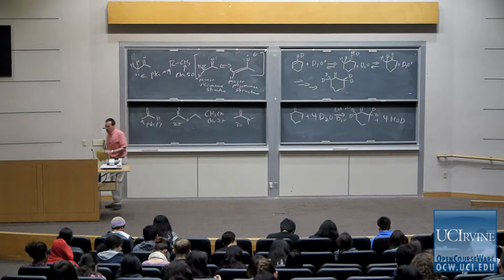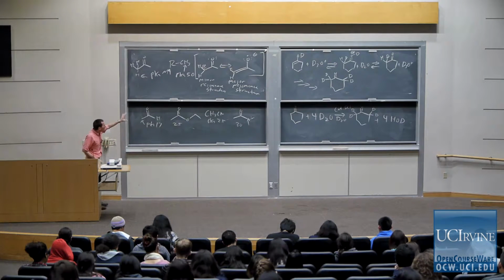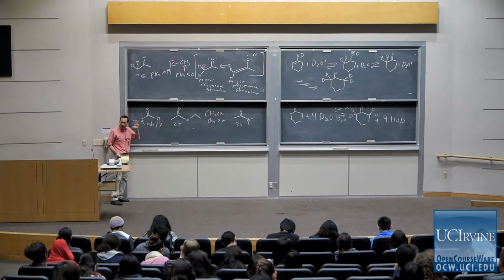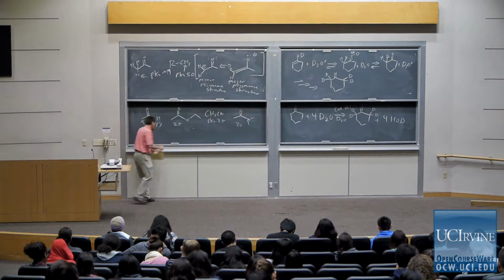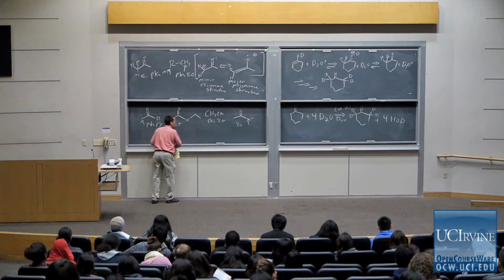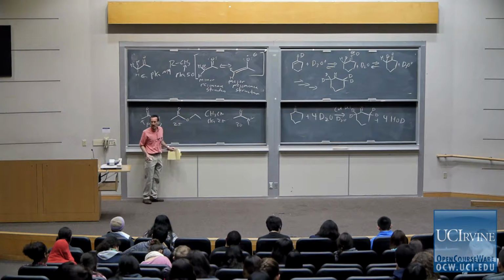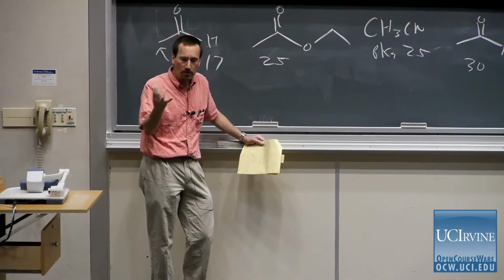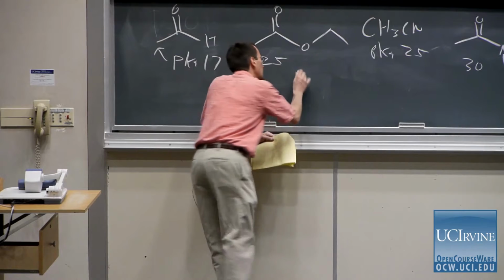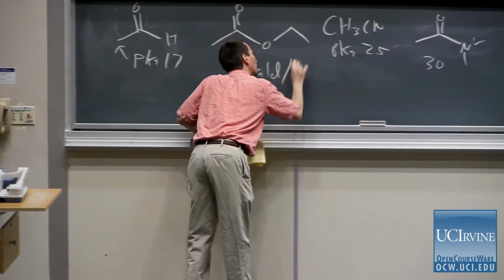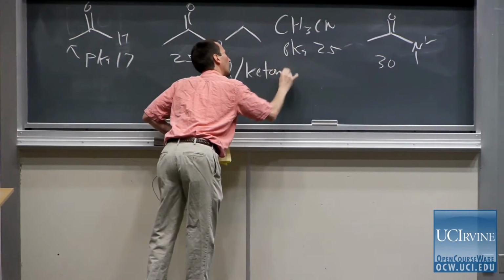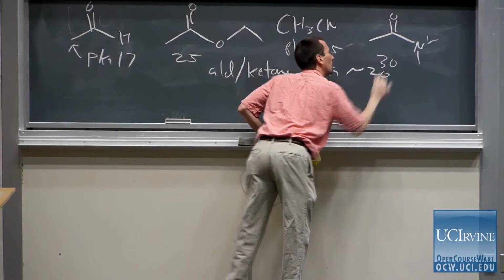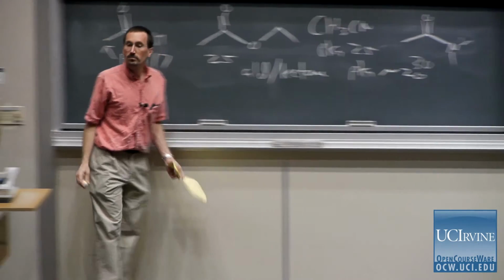Really, these are a lot of details, but the numbers that I keep in my head are as follows. I keep in my head two numbers for all of this: the alpha protons for the ketone and aldehyde family are about pKa 20. 20 is good enough.